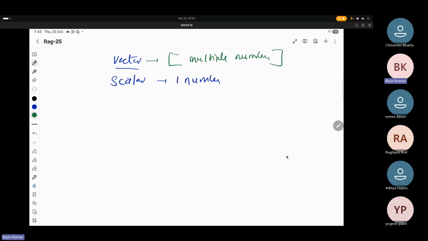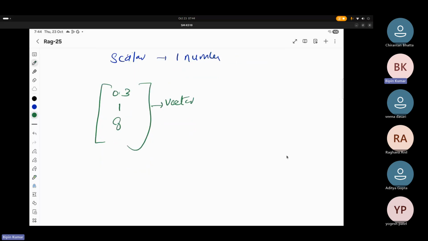Okay. So for example, 0.318. This is a vector. It can have multiple numbers, so it should have more than one number, at least two numbers in a list. If there are two numbers, then we can call it a vector.